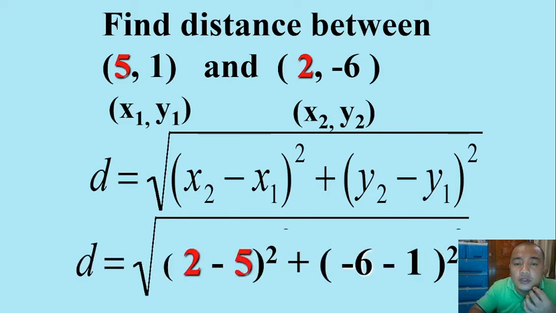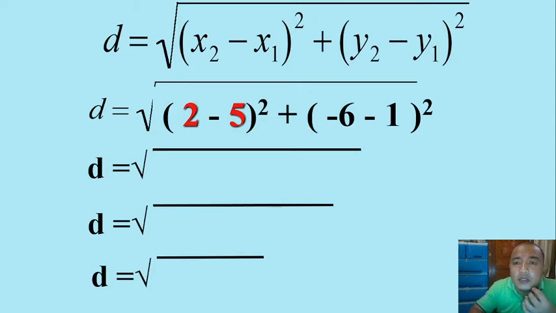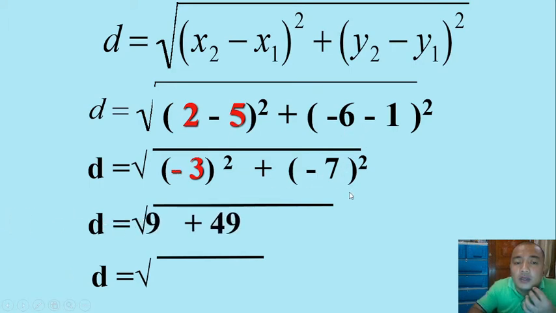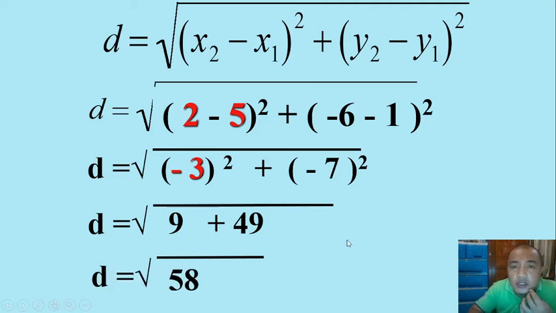Let us substitute: 2 minus 5 quantity squared plus negative 6 minus 1 quantity squared. 2 minus 5 is negative 3 squared plus negative 6 minus 1 is negative 7. Negative 3 quantity squared is 9 plus negative 7 squared is 49. Now what is 9 plus 49? The distance between the two given points is square root of 58. Using your scientific calculator, it's equivalent to 7.6.